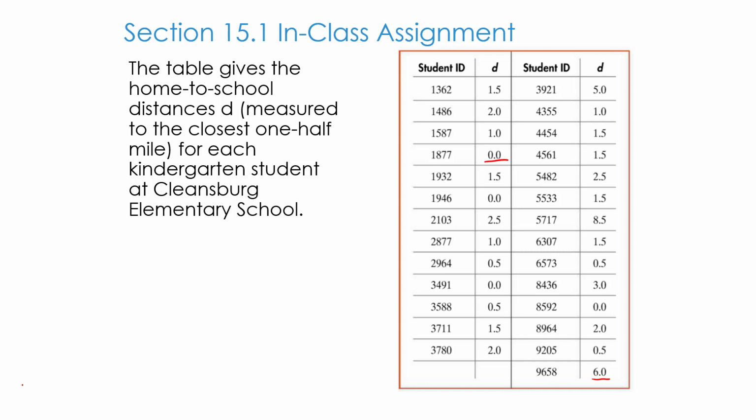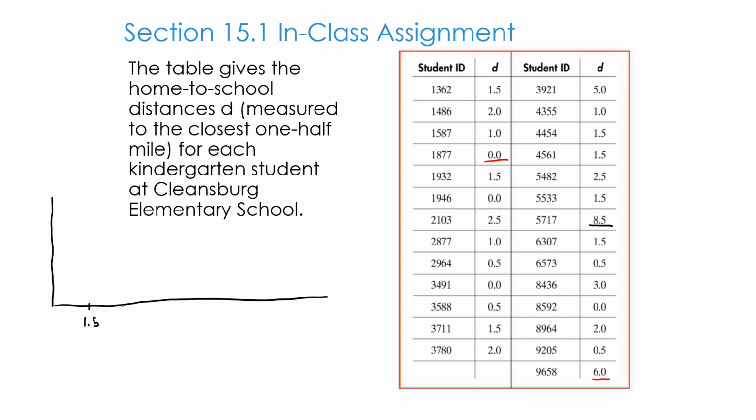Okay, so notice that we go from a low of 0 to a high of 8.5. And so then I'm going to go up by 1.5 so I don't have that many bars, right? So we're going to go from 0 to 1.5, and we're going to include the 1.5 in the first bar.